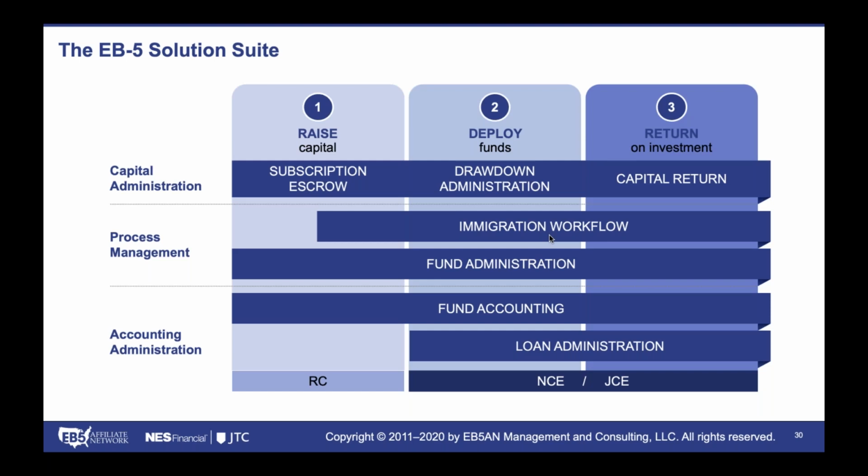So in that sense, it's exactly like any other real estate fund, private equity fund. However, it's really more complex because there are these different administrative processes that Mike's talked about. And so really it's a mashup. The way we look at it is, EB5 is a mashup of a private equity fund with an immigration program and a job creation program, all rolled into one.